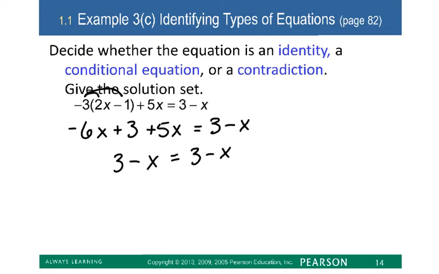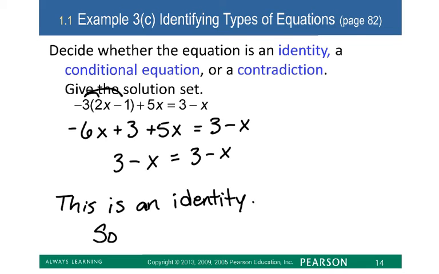So since we have the same thing on both sides of the equation, like I stated before, this is an identity. And the solution set, like I stated before, anytime you have an identity, is the set of all real numbers. So solution set. And how we're going to state the solution set is just like that right there with that symbol.